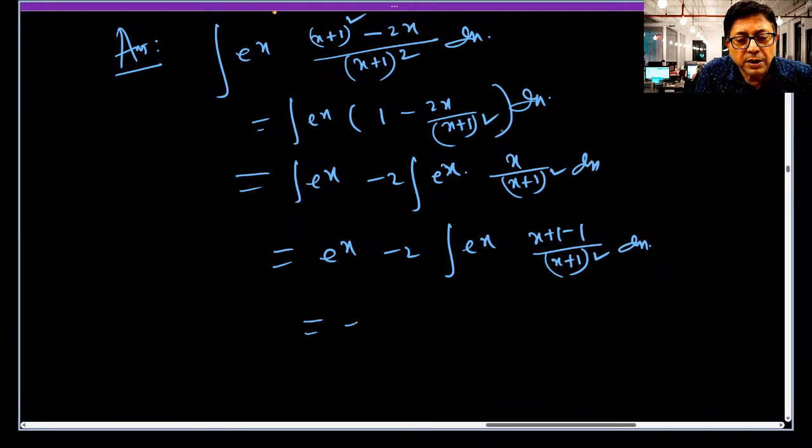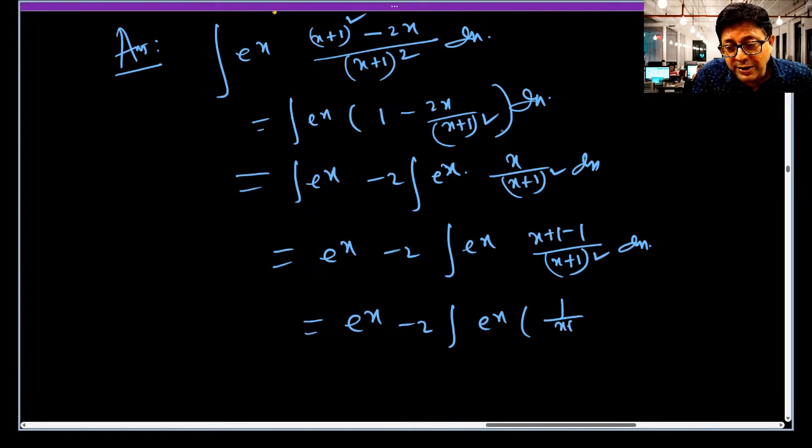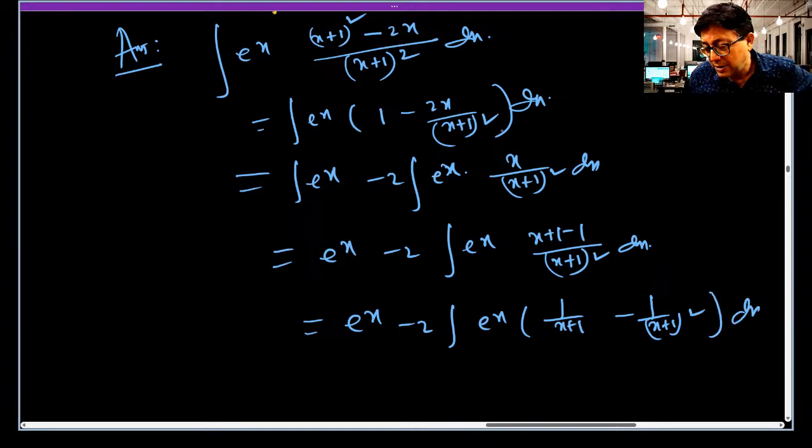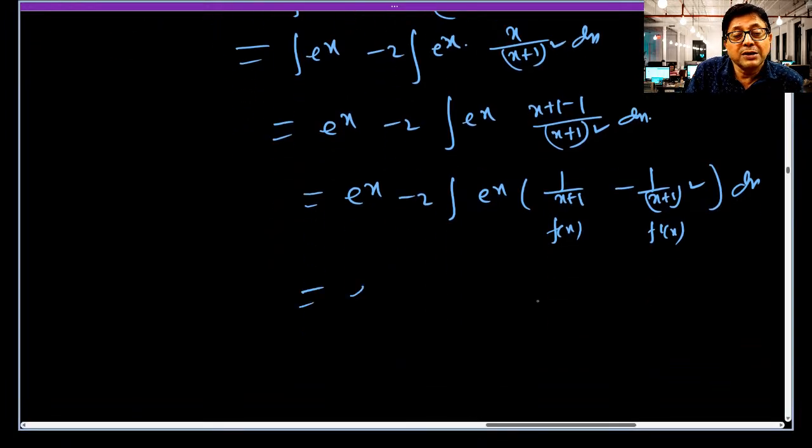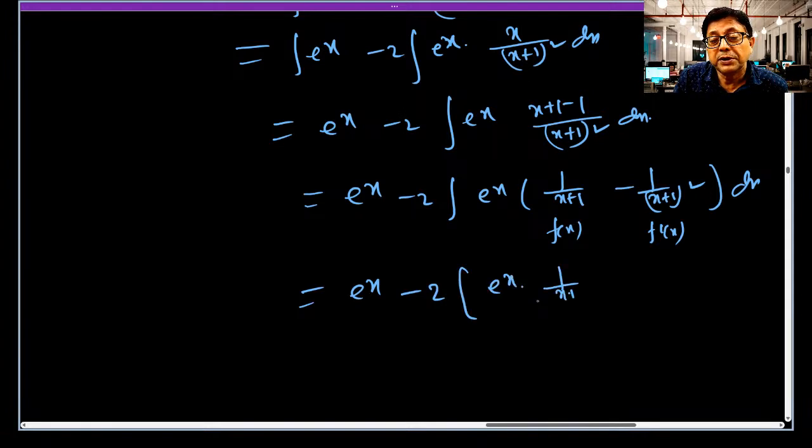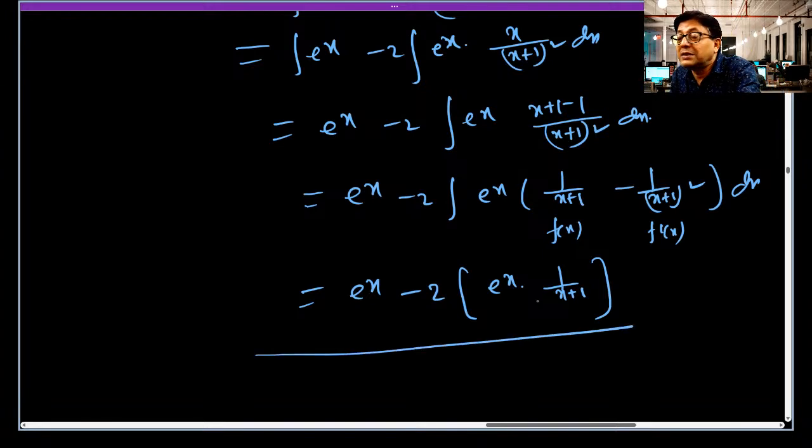Now separate. Write (x plus 1) by (x plus 1) whole square, 1 by (x plus 1) whole square dx. So what is the answer over there then? If you have taken this one f(x), this part is f'(x). So answer will be e to the power x minus 2 into... in exam you just show which one is f(x), which one is f'(x) and write the answer. Don't hesitate. Okay?